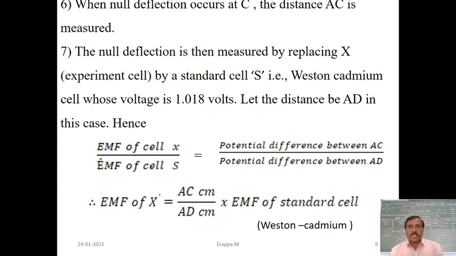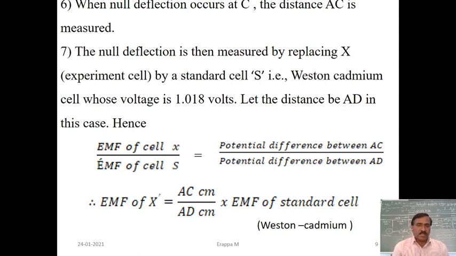When null deflection occurs at C, the distance AC is measured. The null deflection is then measured by replacing the experimental cell X by the standard cell, that is the Weston cadmium cell, whose voltage is 1.018 volts. Let the distance be AD in this case.